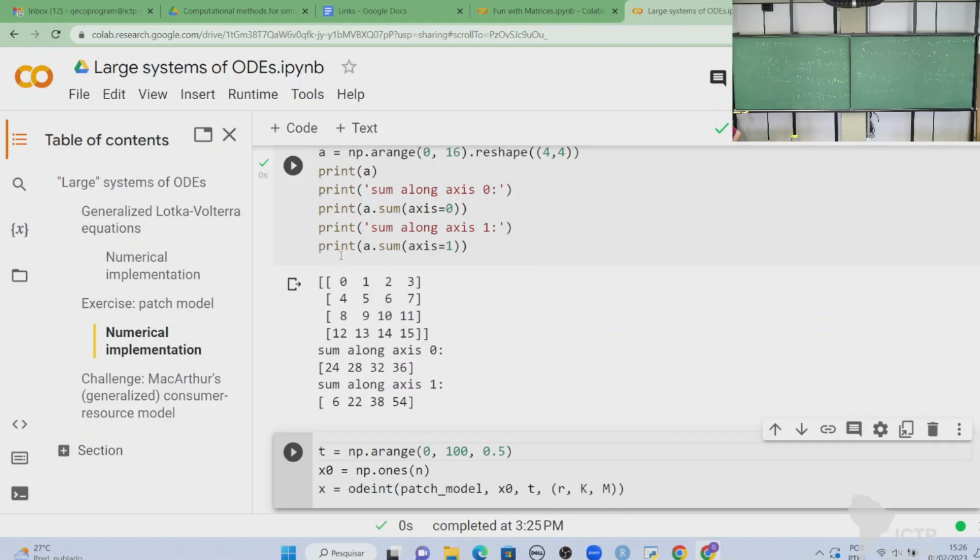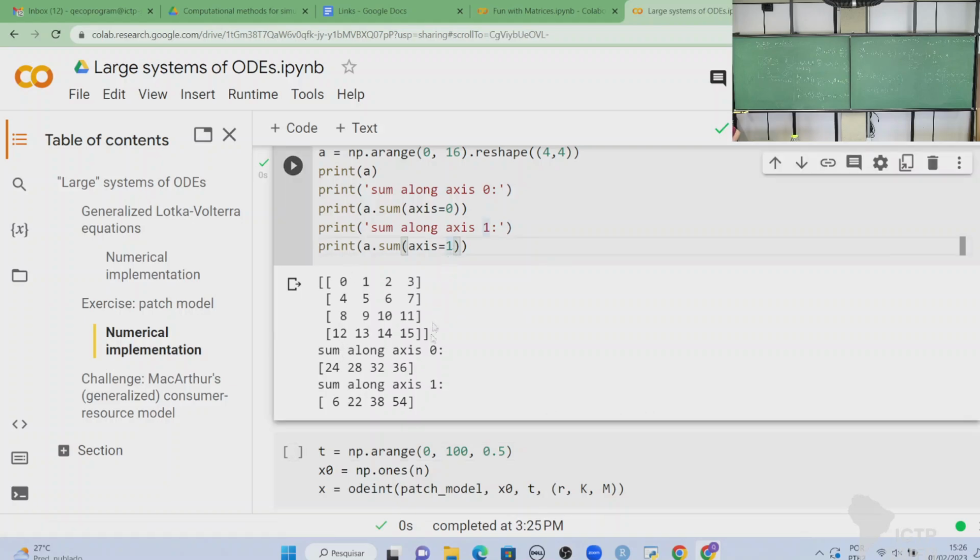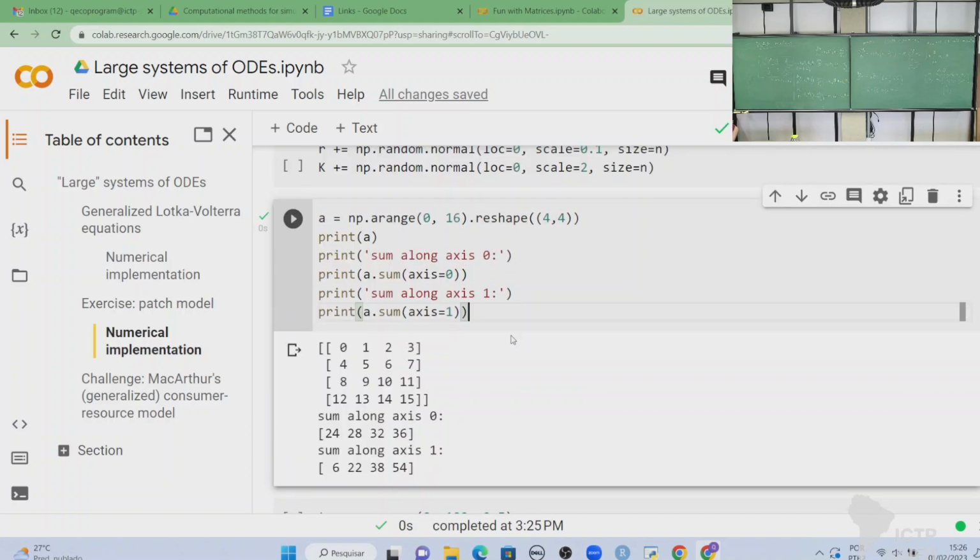So I sum along the 0 axis, that is, I sum the lines, to get a total sum by column, right? And when I put axis equal to 1, I sum along the columns, so I have a total for each line, okay? So this is the difference between these two cases, right? Here we want the sum for each column, so I think you are going to use the first one, right? Okay. Good? More questions? Okay.